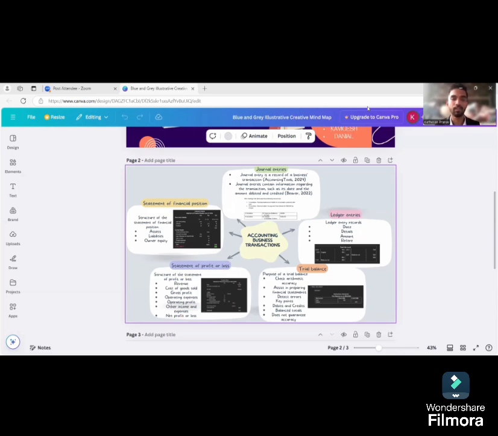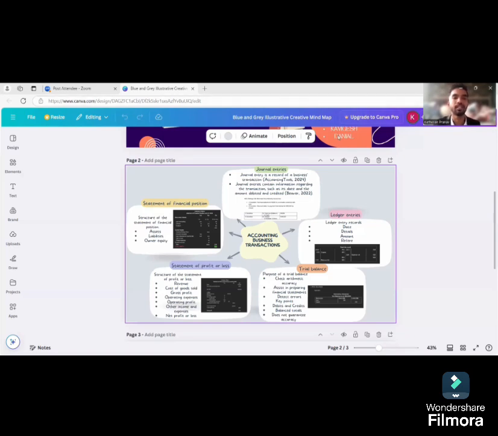So for the definition of the statement of profit and loss, the statement of profit or loss, also known as an income statement, is a fundamental financial document used to assess a business's financial performance in a specific accounting period.